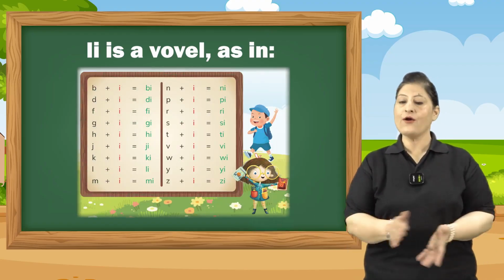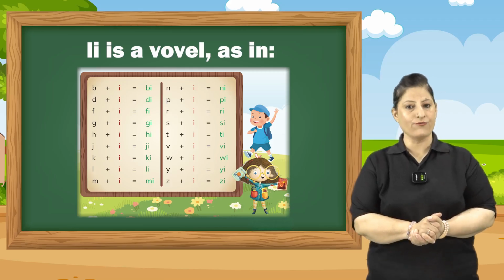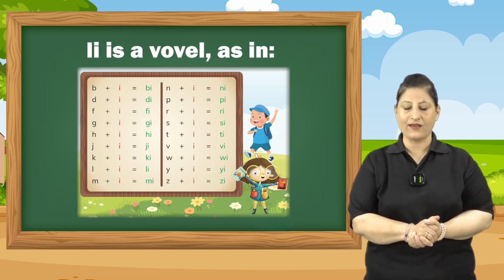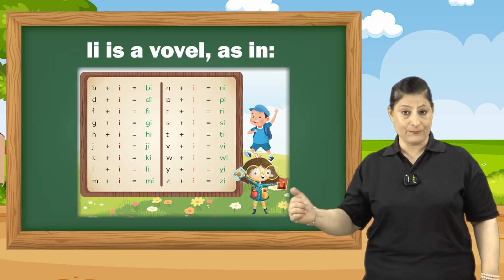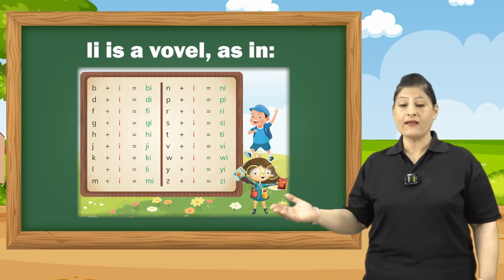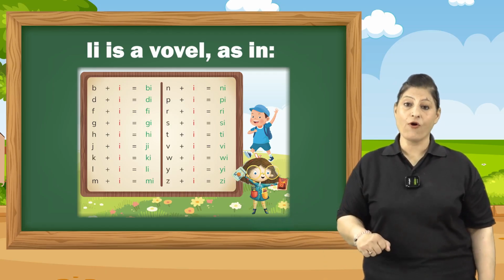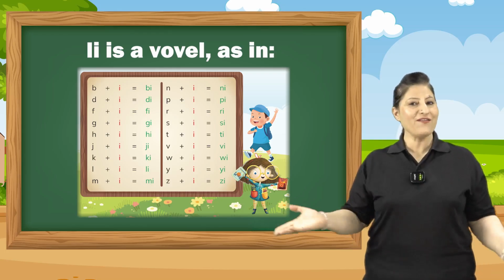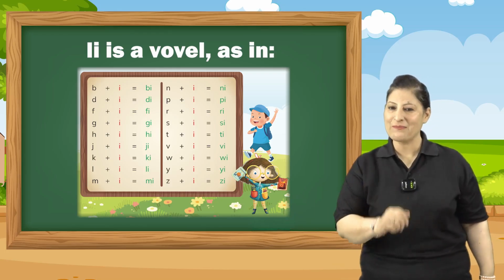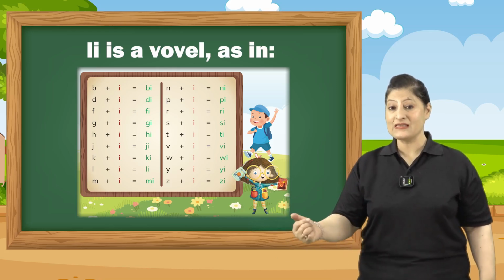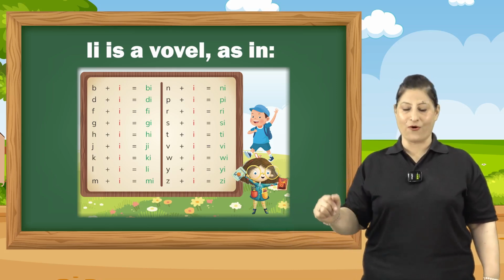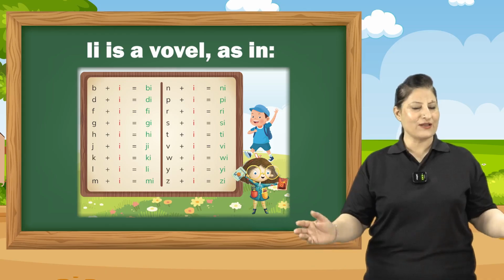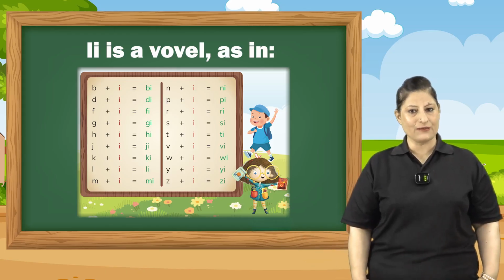Okay children, now you all know the sound of vowel I. Vowel I says i. Let us see and observe the sound of vowel I with various consonants. You all remember the consonants? B, C, D and so on. They all are consonants. Let's look at the screen.